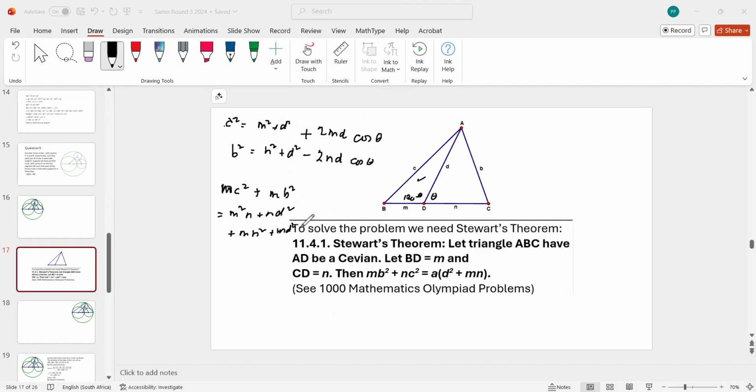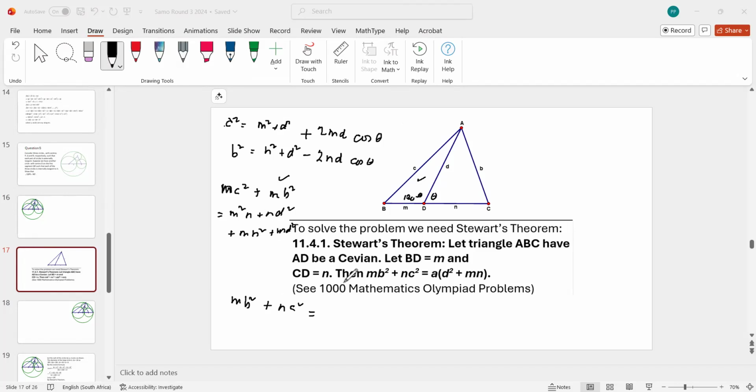And this is the same as the left-hand side: I've got mb squared plus nc squared.